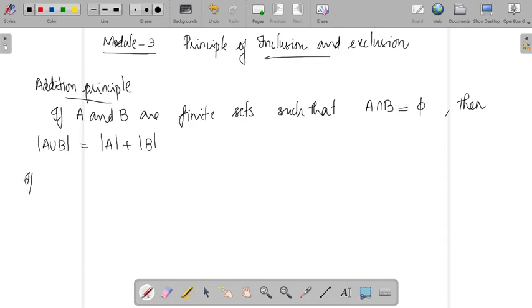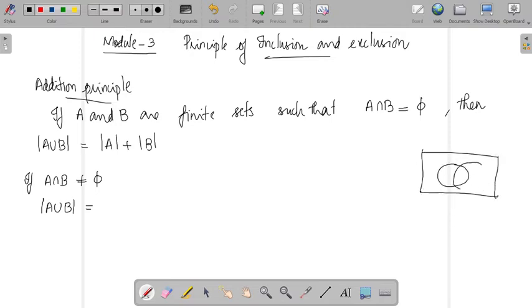Then the cardinality of A union B will be equal to cardinality of A plus cardinality of B minus cardinality of A intersection B.